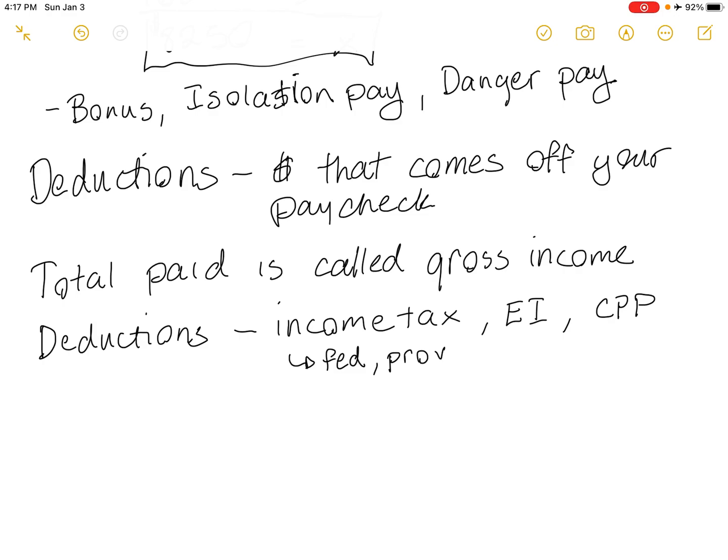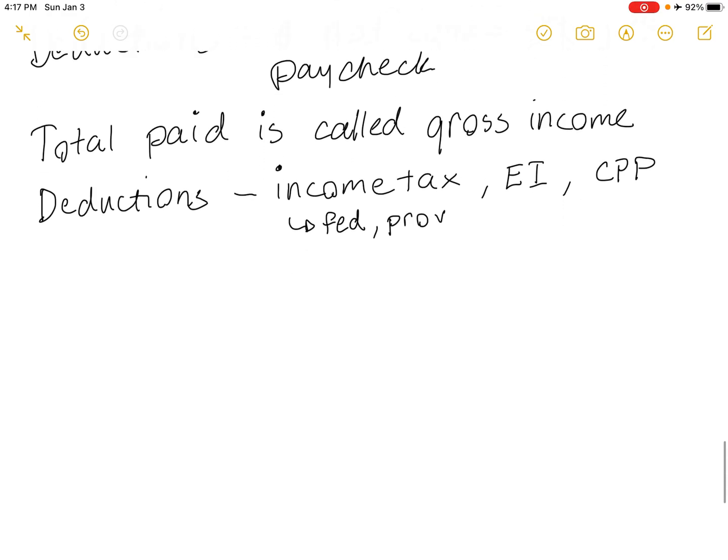So for example, I'm a teacher, I pay union fees, I pay for a health plan and a dental plan, right? So there's other things. Oh, and I pay, of course, into my teacher pension. That's a huge one. Okay, so there's other things that I pay as well, depending on your job. But these three are things that everybody pays. And these ones are always sort of a percentage of your income.